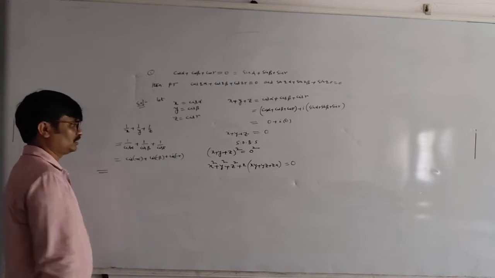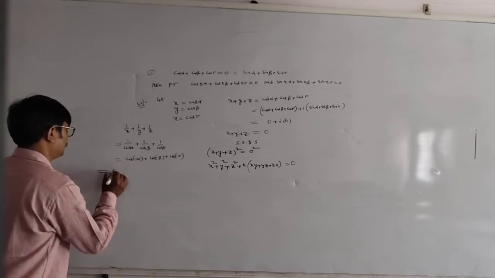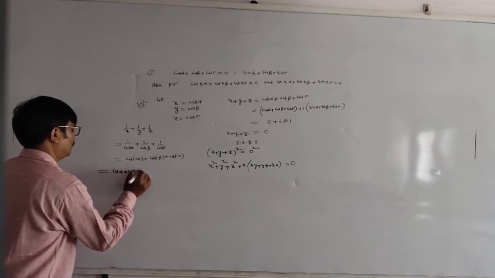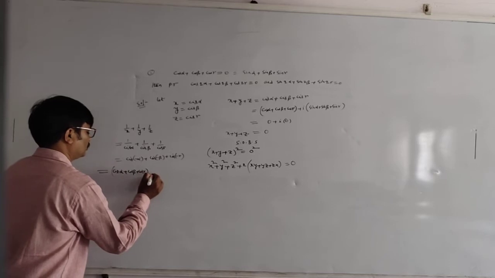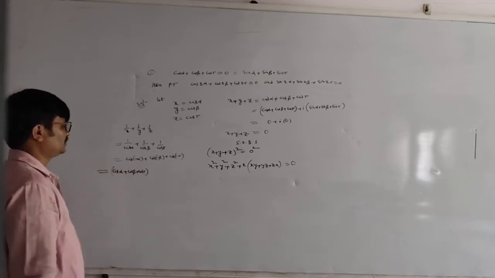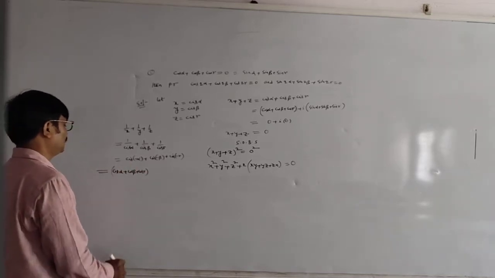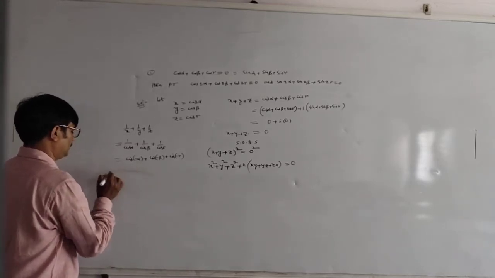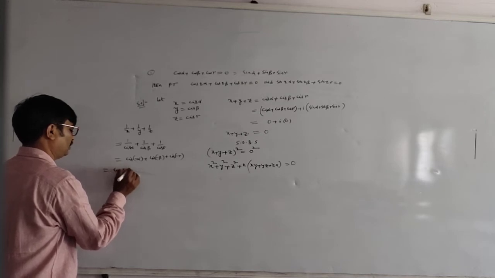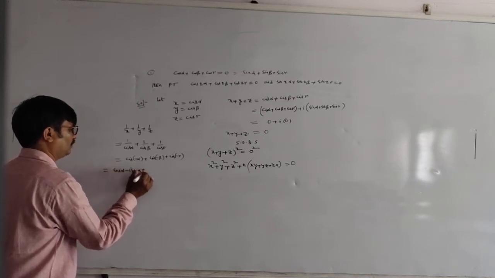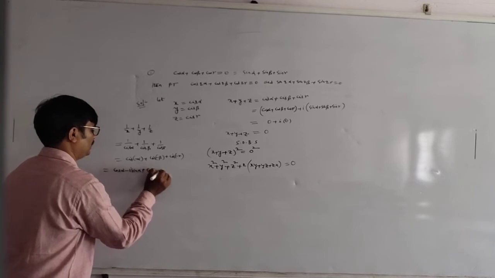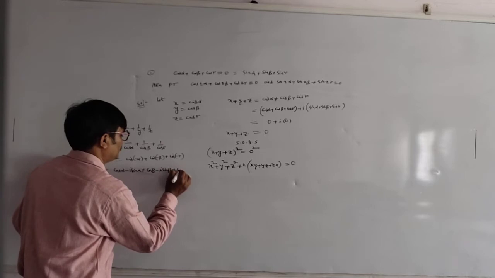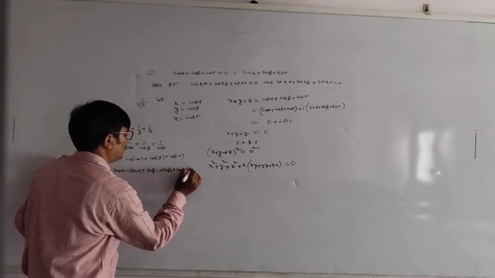So cis of minus alpha is cos alpha minus i sin alpha, cos beta minus i sin beta, and cos gamma minus i sin gamma.